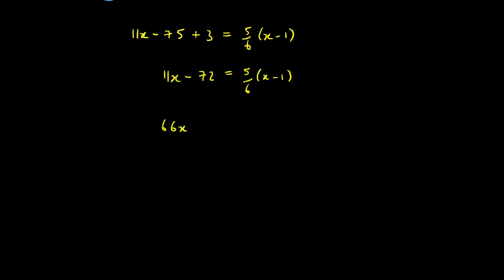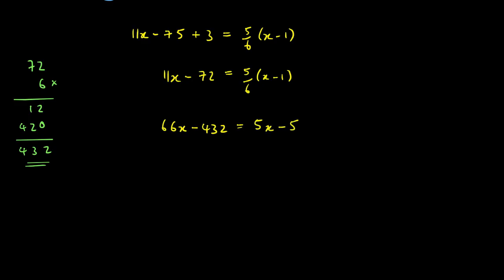I've got to do 72 times 6. Well, I don't have my calculator on me, so I'm going to do that over the side here. 72 times 6: 6 times 2 is 12, 6 times 7 is 42, so 432. So that's 66x minus 432 is equal to 5 times x minus 1, so it's 5x minus 5, I think.